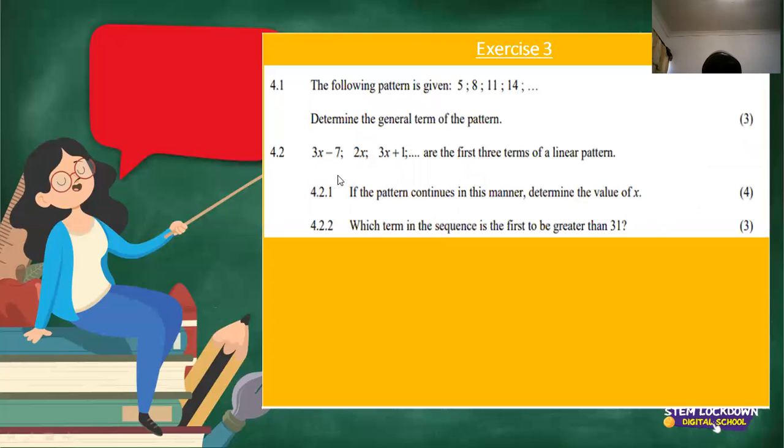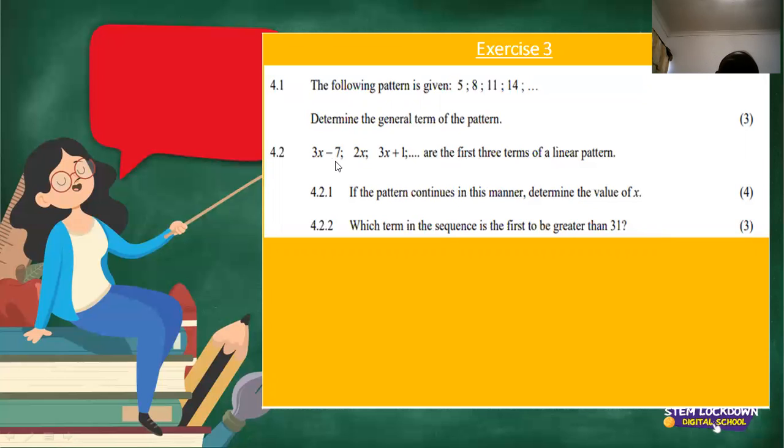So the next one says 3x minus 7, 2x, 3x plus 1 are the first three terms of a linear pattern. If the pattern continues in this manner, determine the value of x. So we have been told that this is a linear pattern. Because it's a linear pattern, there must be a constant common difference.